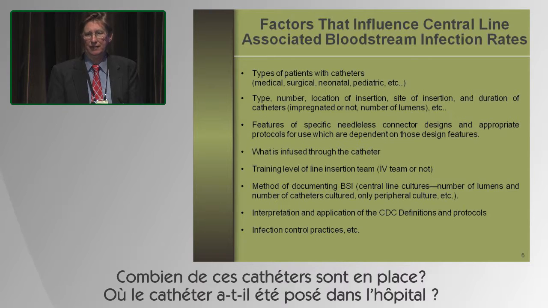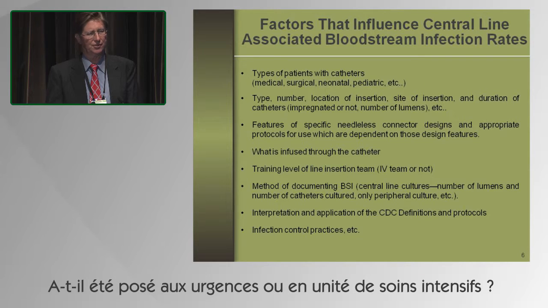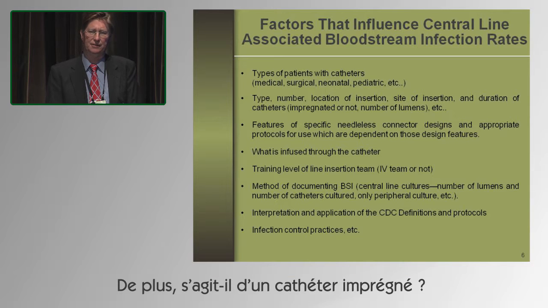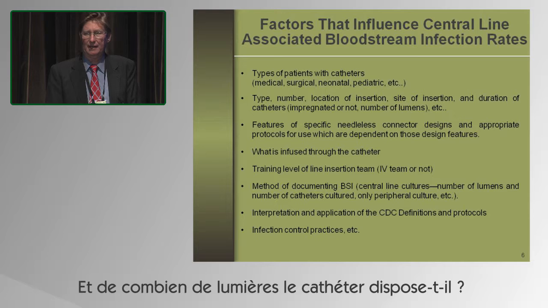How many of those catheters are in place? Where in the hospital is the catheter inserted? Is it inserted in the emergency department or in the intensive care unit? The site and the patient that the catheter is inserted, and the duration of catheterization, in addition to whether the catheter is impregnated and how many lumens the catheter has.